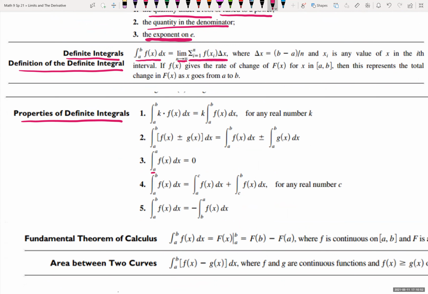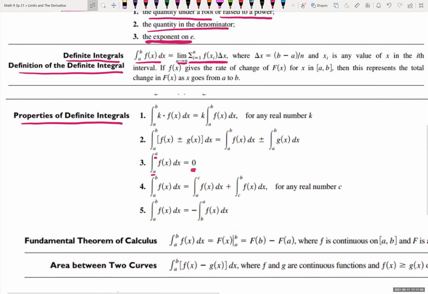So if our bounds were the same, from a to a of the integral of f of x dx, then that integration would equal 0. Sometimes, if we're looking at areas, we wanted to split up the areas where our function crossed the x-axis so that we could see which part would be negative.